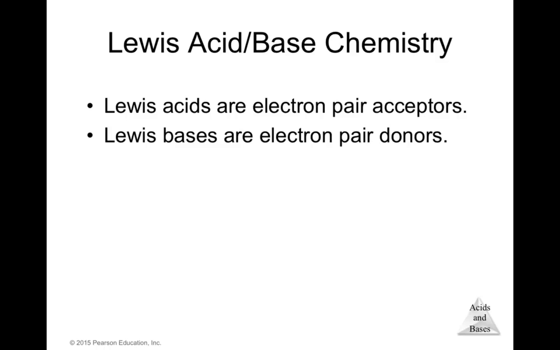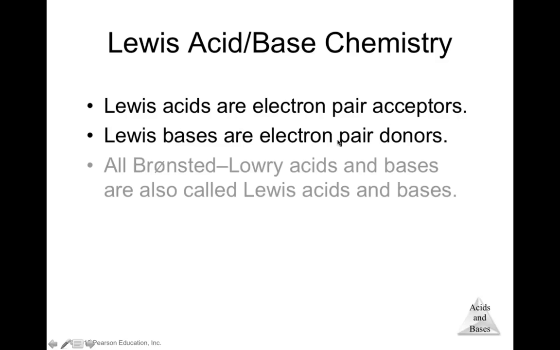Here, with Lewis acids and bases, the concept is to look at what happens to the electron pairs. If the species receives the electron pairs, it is known as a Lewis acid. If it donates the electron pairs, it is known as a Lewis base.